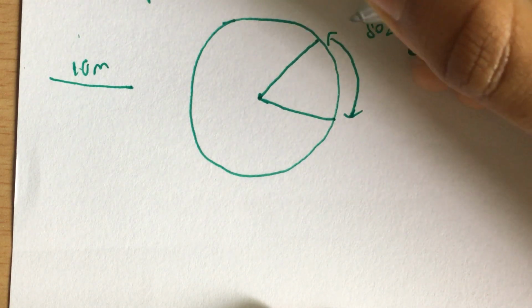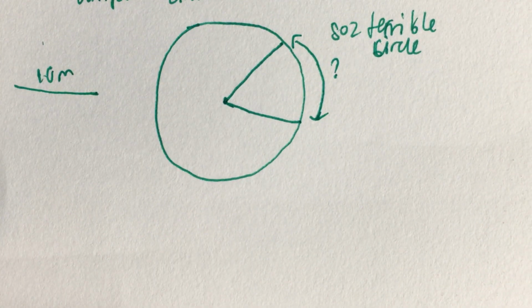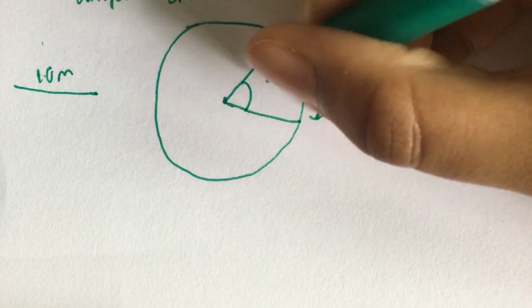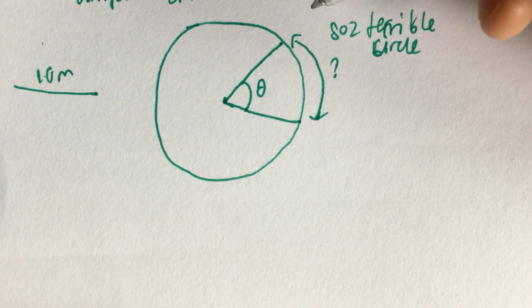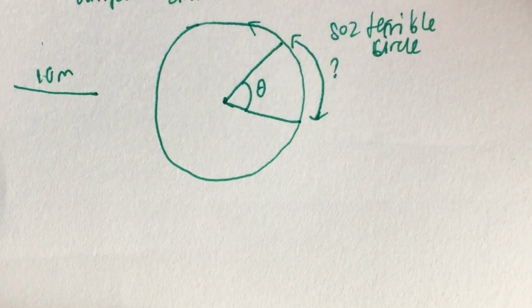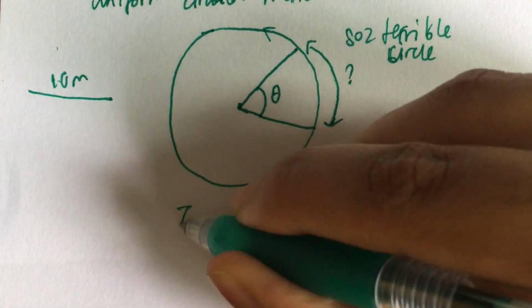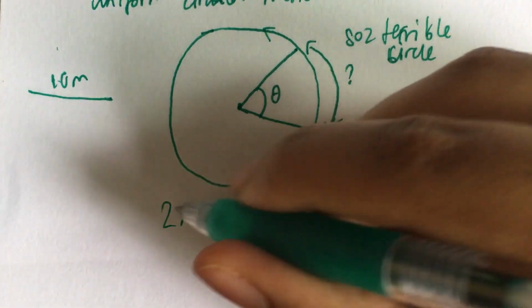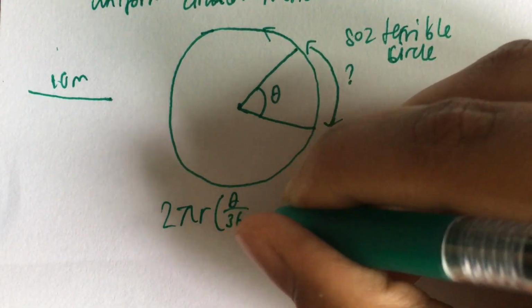How do you do that? If you use degrees, it's a bit confusing. If you imagine the displacement as the arc that you're moving along, then with degrees it's annoying because the formula is 2 pi r, and you have to multiply it by the fraction of the angle over 360.